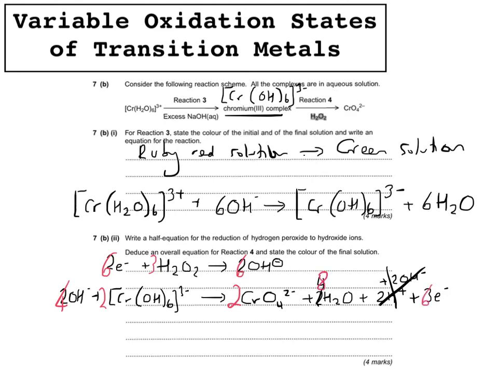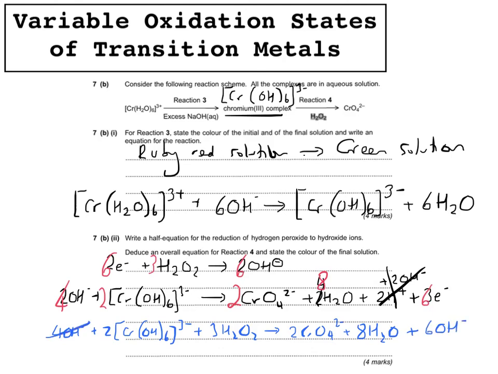Then add these two things together and your final answer will be 4 OH- plus 2 Cr(OH)6 3- plus 3 H2O2 goes to make 2 CrO4 2- plus 8 H2O plus 6 OH-.